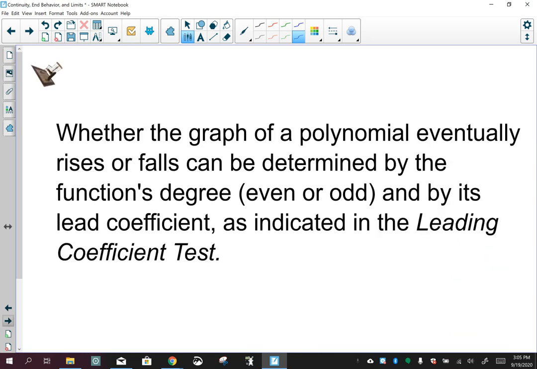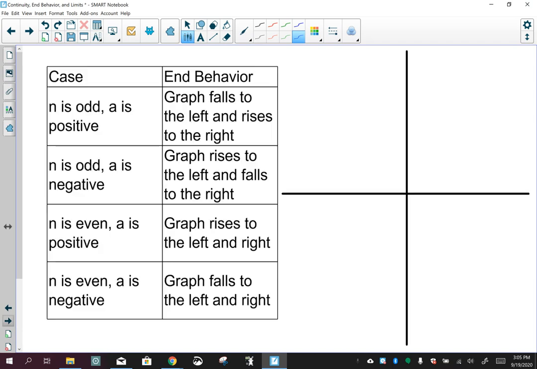Whether the graph of a polynomial eventually rises or falls is going to be determined by your function's degree, whether it be even or odd, and by the lead coefficient, as indicated in the leading coefficient test. So here's what it is.